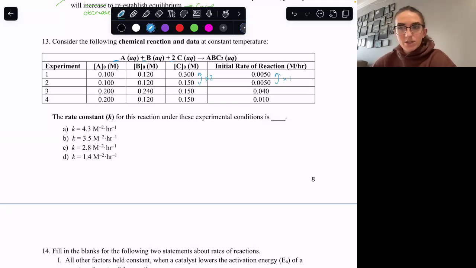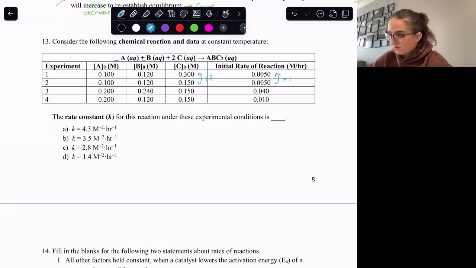So if our rate is not changing, but we have a change in concentration, what does that mean about our order for C? Rate is not changing, but concentration is changing. Does that mean it's dependent on the concentration of C? It shouldn't.